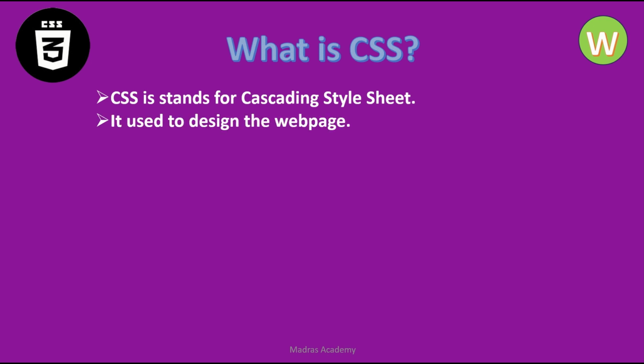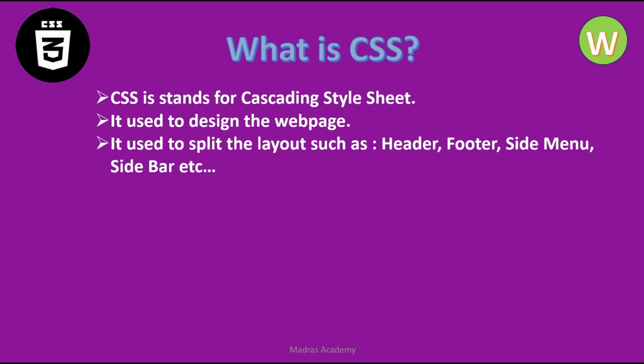It is used to design the web page, and it is used to split the layout such as header, footer, side menu, sidebar. Like that we can split the page, and we can give different themes, different colors. Whatever themes you need to include, we can include everything there. So for that purpose, we are using CSS here.